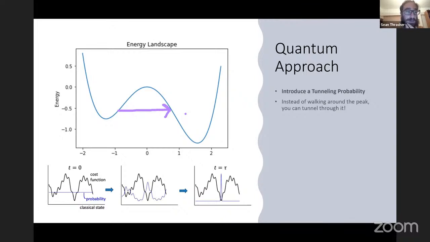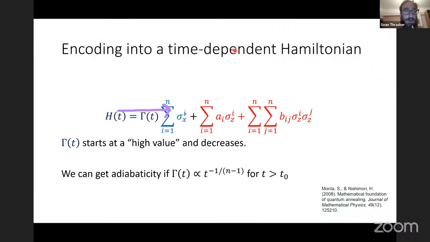So the idea then is that you start off with this at a very high value, and then you decrease it. You're starting with gamma at a high value, and then you decrease it, and you want to decrease it polynomially to get adiabaticity.